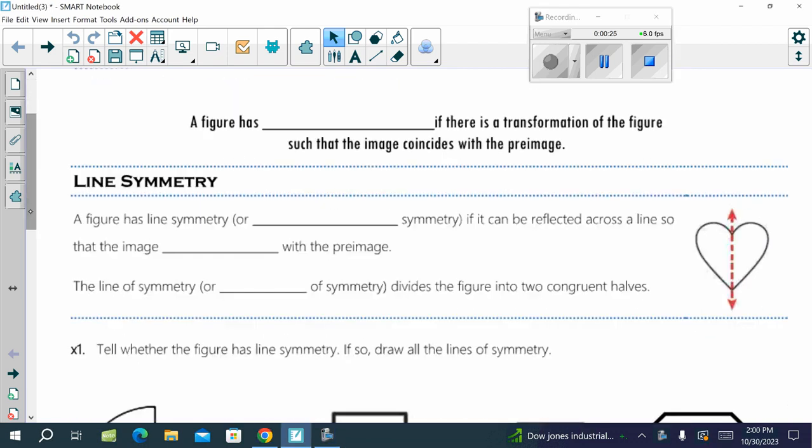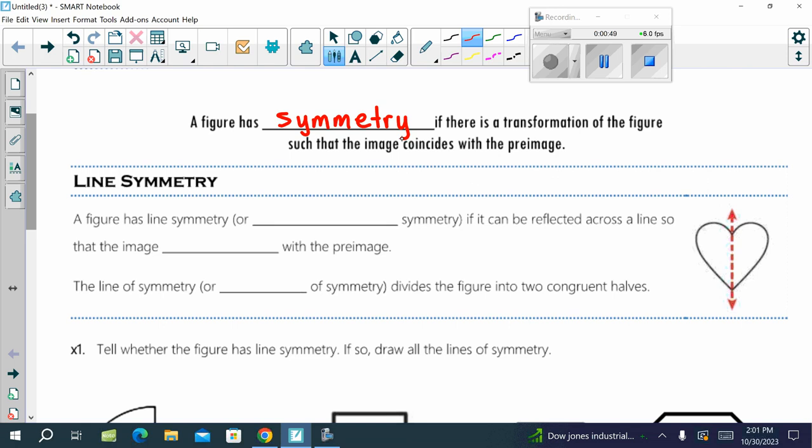A figure has symmetry if there is a transformation of the figure such that the image coincides with the pre-image. Do you guys remember our different transformations from last unit?